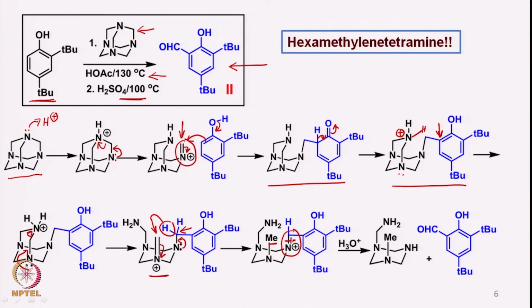That is what is the next step. Sulfuric acid in the presence of water hydrolyzes and releases the corresponding aldehyde, and of course you can get the amine which is released from hexamethylene tetramine. So this is how the mechanism of the transfer of aldehyde occurs onto the aromatic ring system using hexamethylene tetramine.